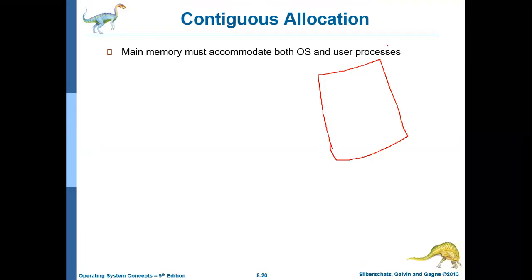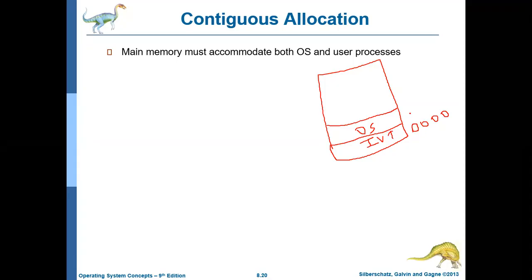For our convenience, let us assume that the lower address starts from here, 000. So here the operating system will be stored, and also the interrupt vector table, which contains the addresses of different interrupt service routines.